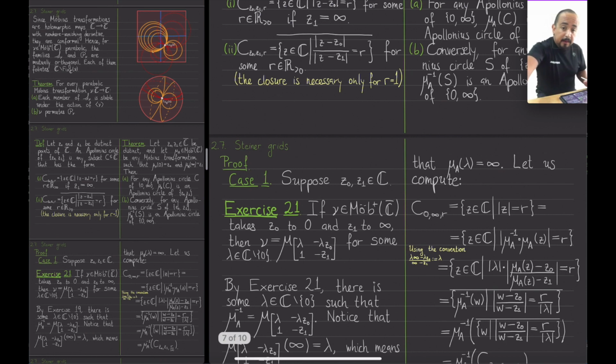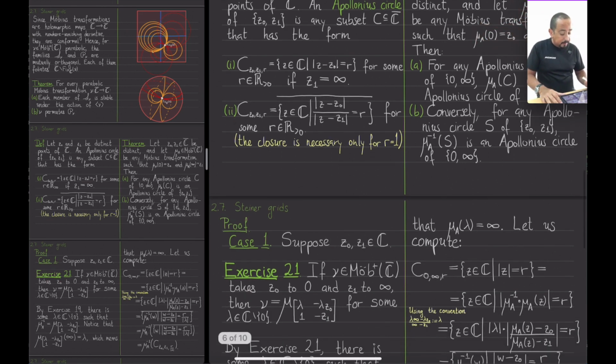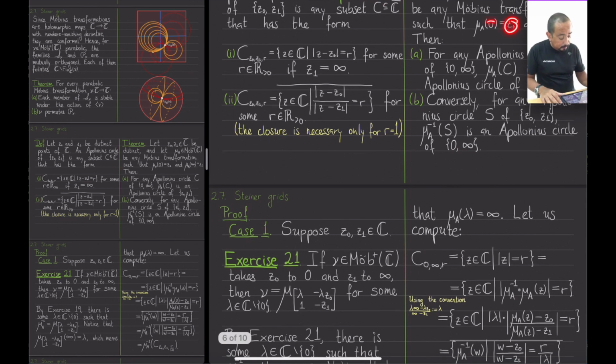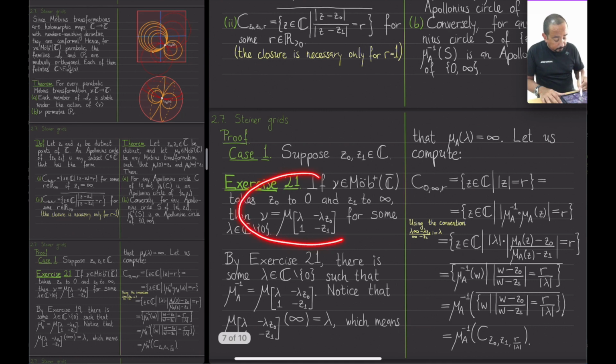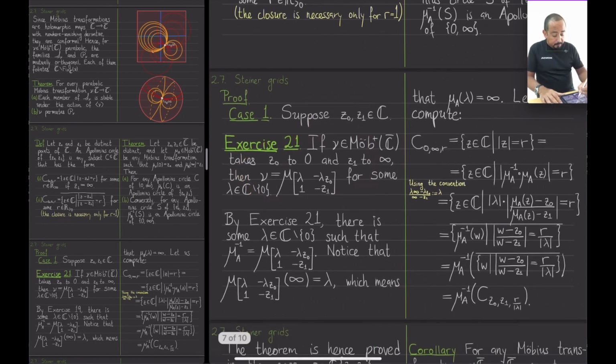Well, since I started with a Möbius transformation mu A sending 0 to Z0 and infinity to Z1, its inverse, since it sends Z0 to 0 and Z1 to infinity, must fall in this category. So it should be possible to write the inverse in this desired form.